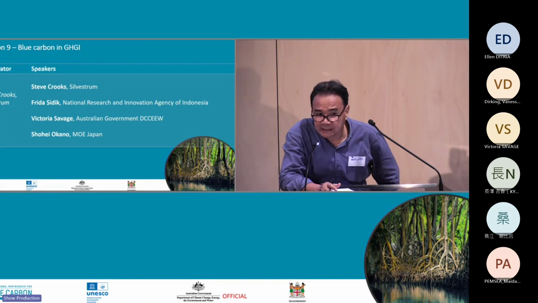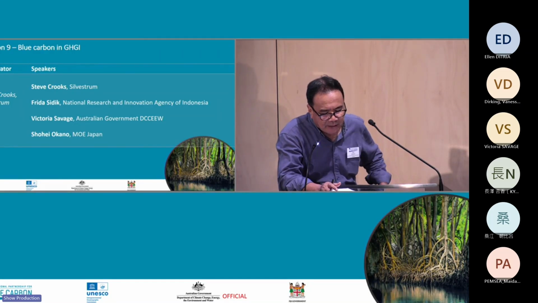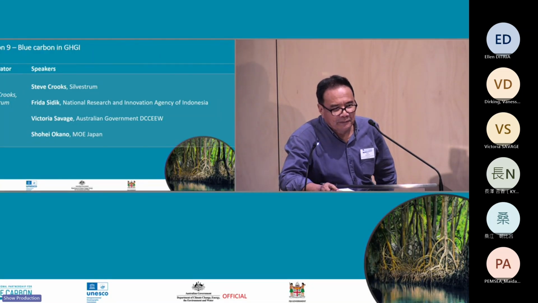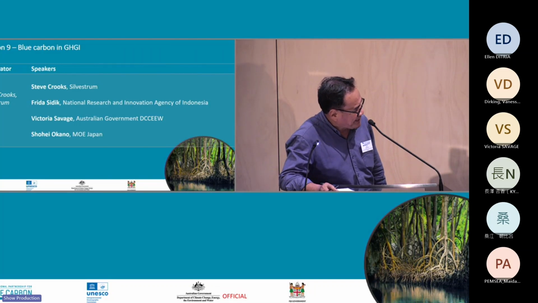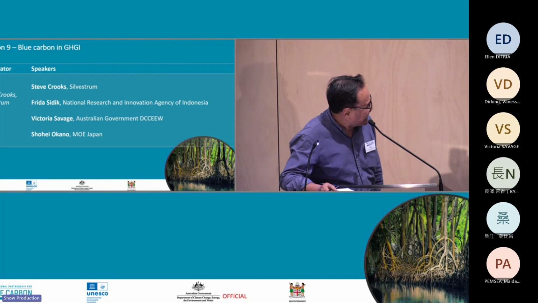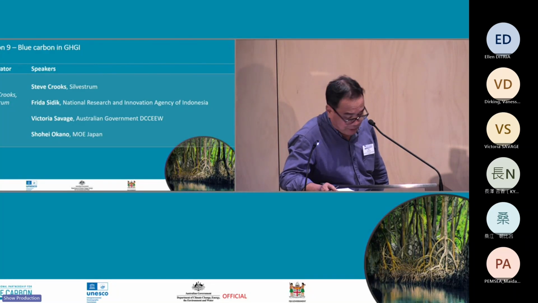In Australia, Tier 2 is used for wetland, remaining wetland, and very high resolution Sentinel satellite data is used. In the US, I'm surprised that you still use default values, Tier 1, for wetland, and I hope there will be new numbers used in the next round of inventory, and certainly seagrass will be included.